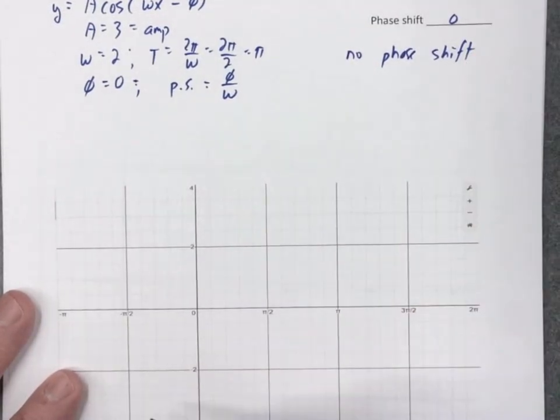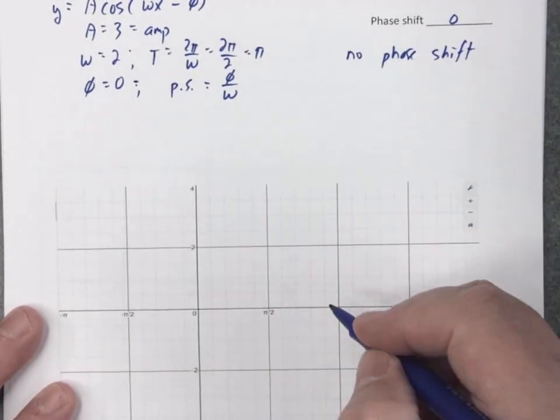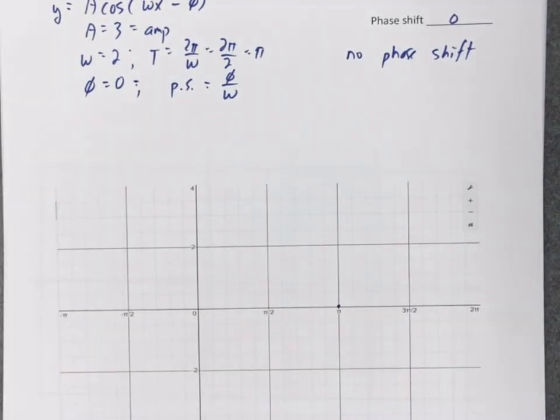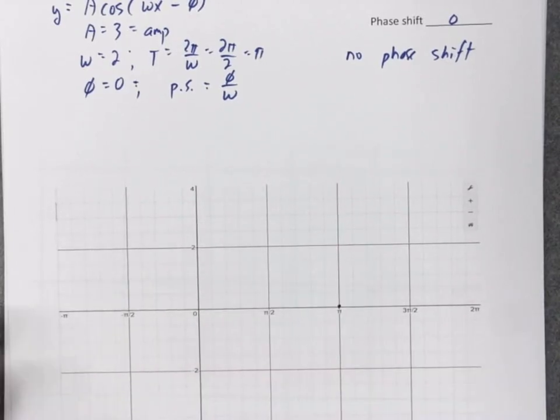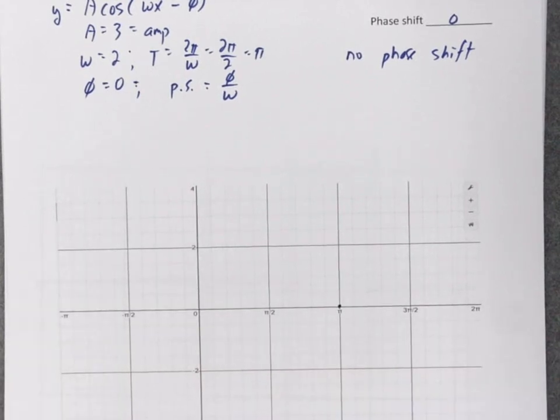A period means one cycle. When you create the graph of a trig function, what they want you to do is to create a graph where you have at least one period. So at a minimum, I need to create the graph between 0 and pi. Of course, you can extend it if you want, but I need to show the graph between 0 and pi.